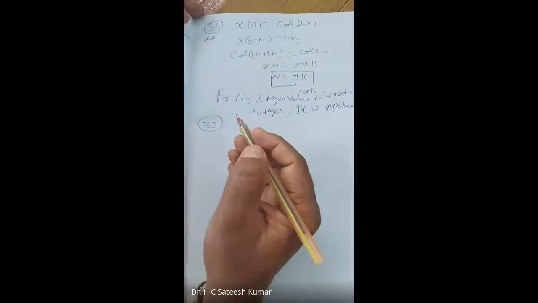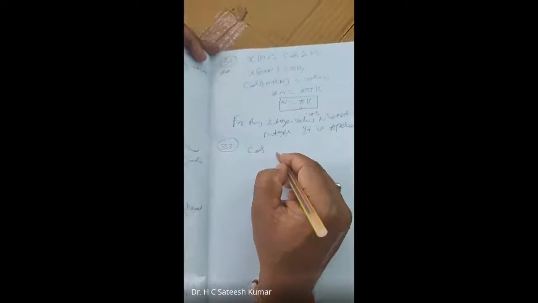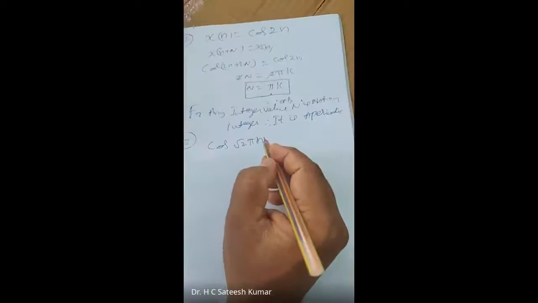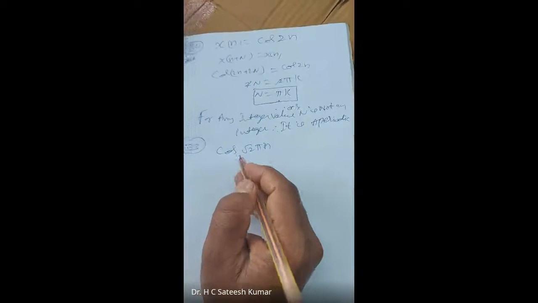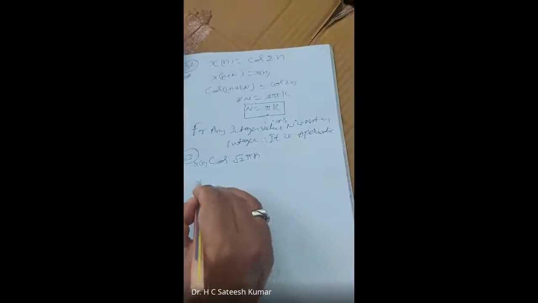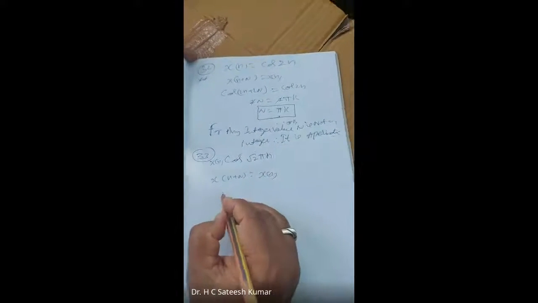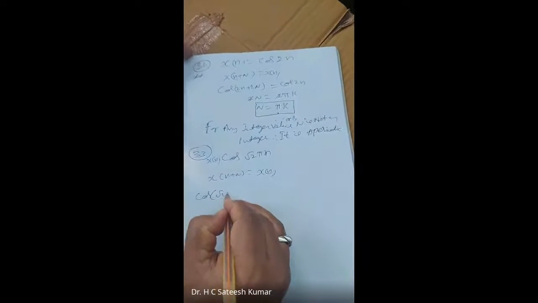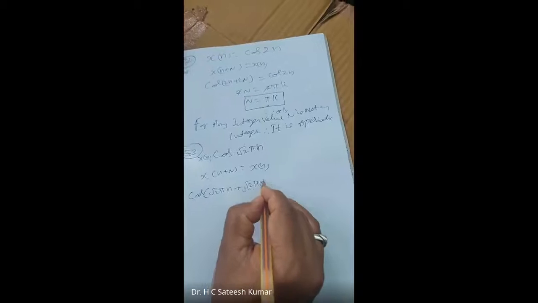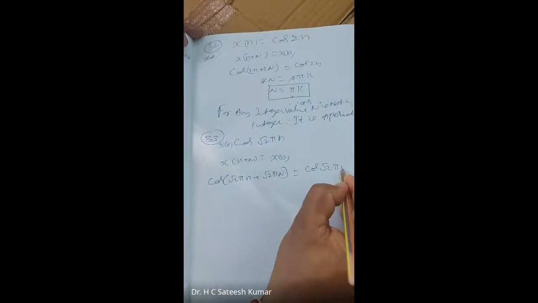Okay, right. So now what we have is cos of root 2 pi n. Definitely we check for periodicity, because x of n plus N should be equal to x of n. Cos of root 2 pi n plus root 2 pi N should be equal to cos of root 2 pi n.